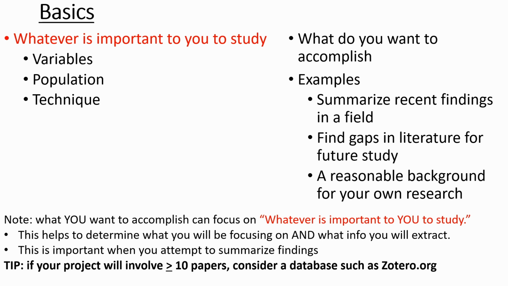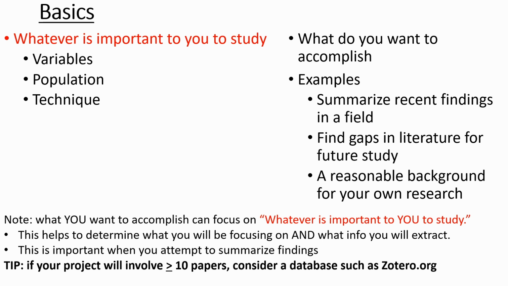The next basic question you have to ask yourself is, what do you want to accomplish by searching literature and doing this study? Research as an enterprise involves generating new information. So, how will your study be new? There's no point doing what everyone else has done. At that point, it is not research.